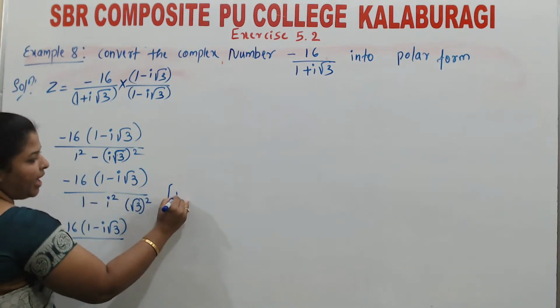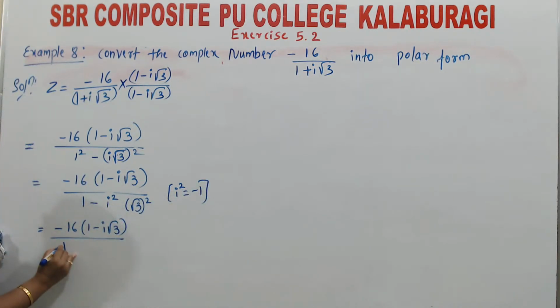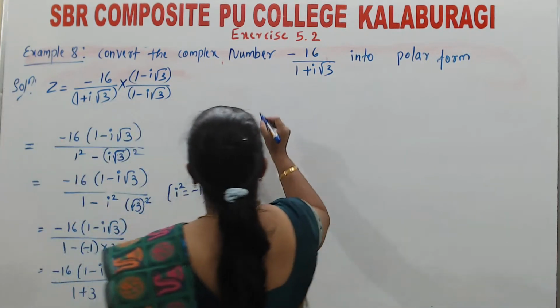We know that i square is equal to minus 1. So the minus becomes plus, and the denominator is 1 plus 3.